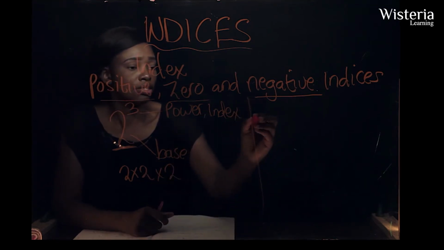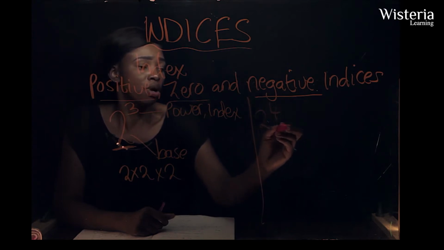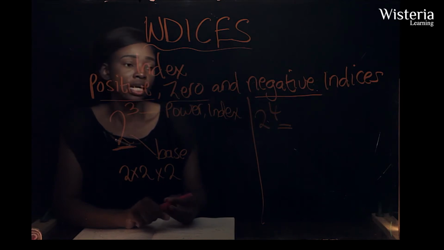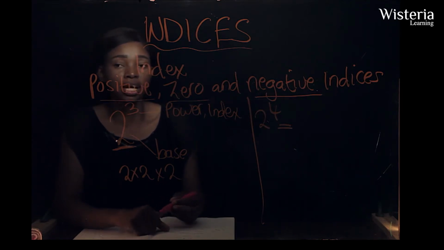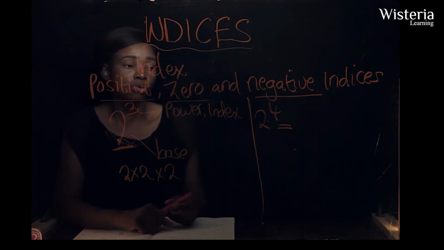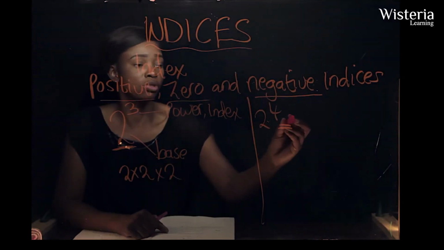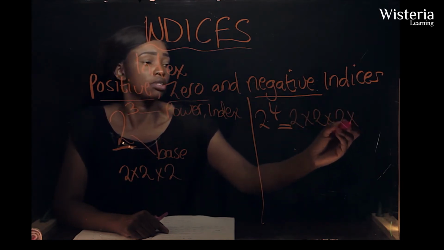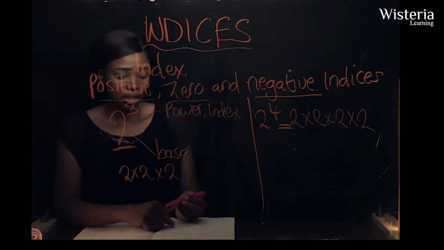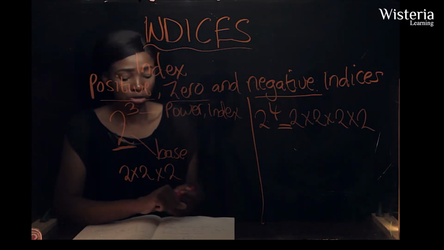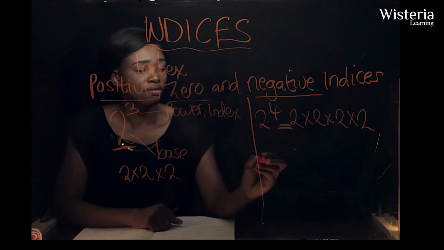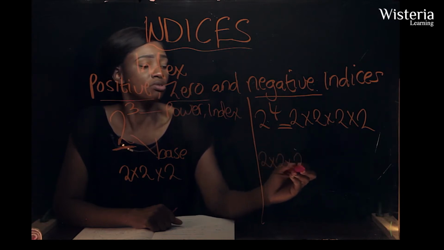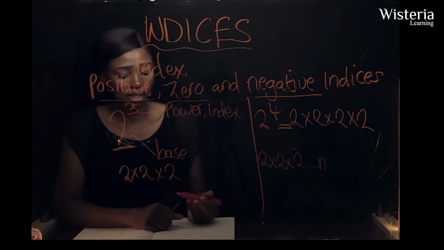We can also look at 2 to the power 4. 2 to the power 4 also indicates to us that 2 has been multiplied 4 times, which is 2 times 2 times 2 times 2. Then we can also have 2 multiplied any number of times: 2 times 2 times 2 up to n factors.